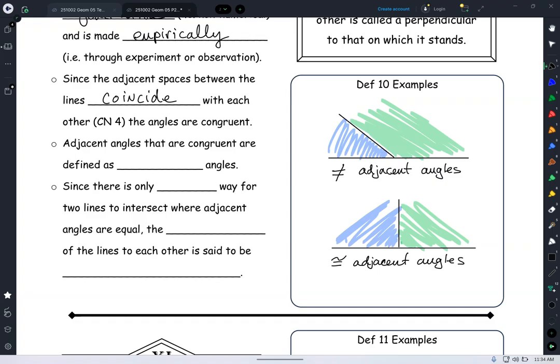Now, when we have adjacent angles that are congruent, Euclid defines those with this word. He calls them right angles. If I said to you, what's a right angle, you might be thinking of a certain number in your head. But we haven't talked about any numbers.